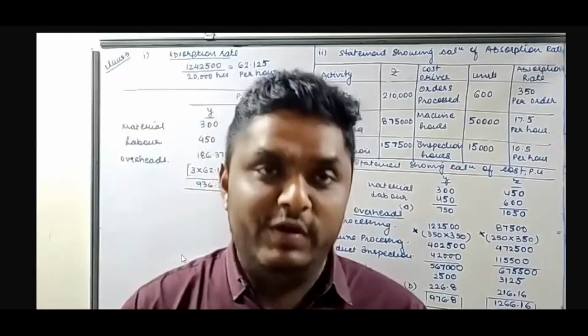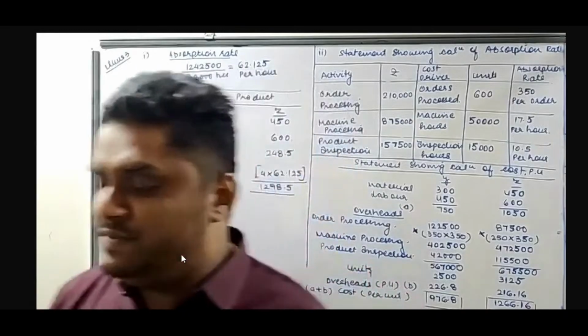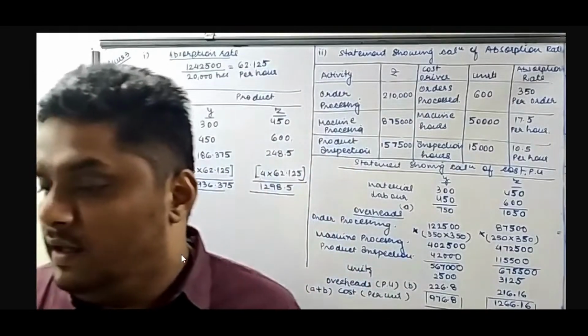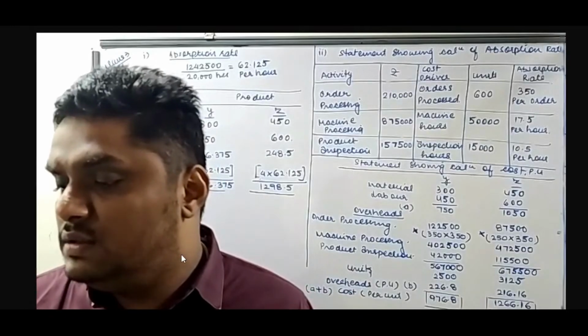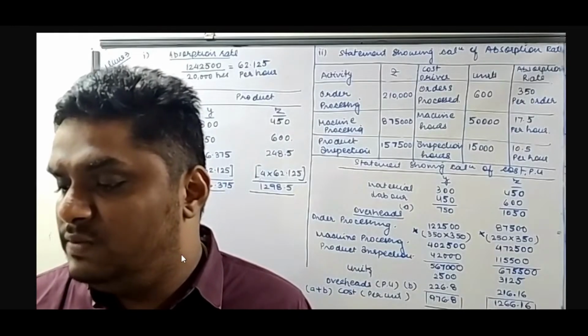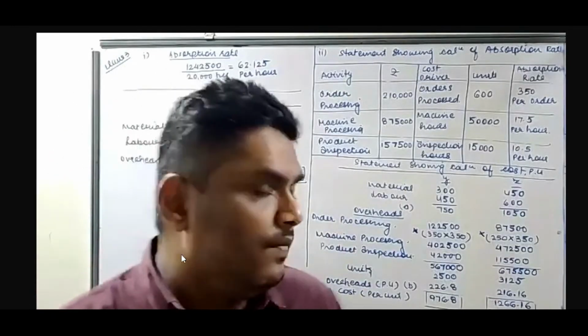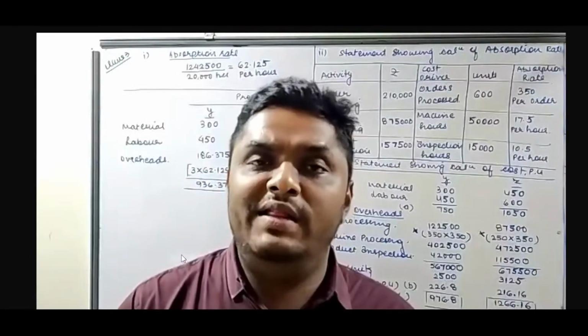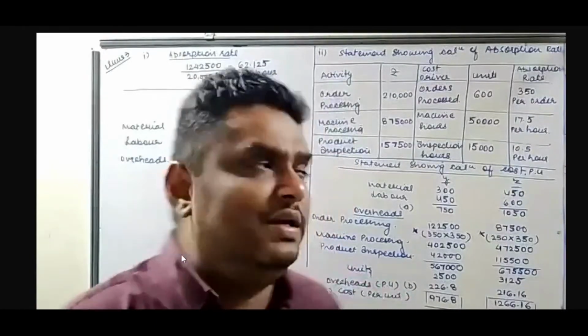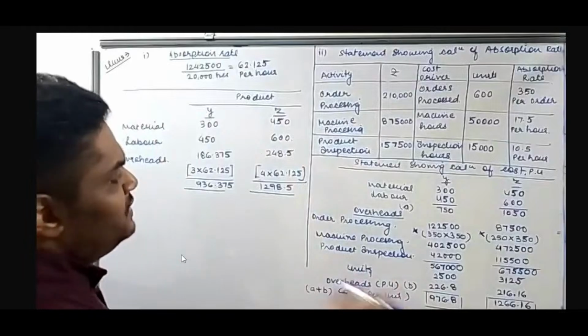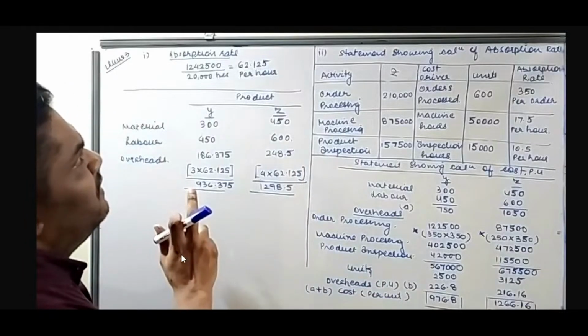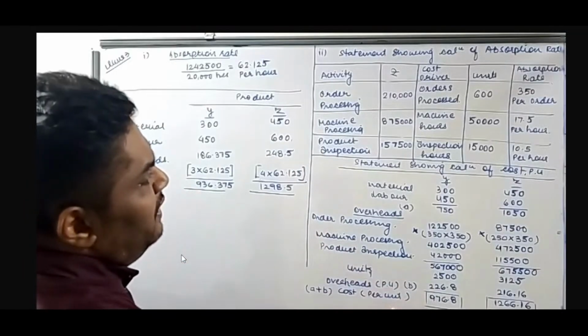So again, I have followed the same process and the same steps. When talking about the third part, they are talking about the cost distortion. So they are talking about the difference between the cost as per overheads and as per ABC.